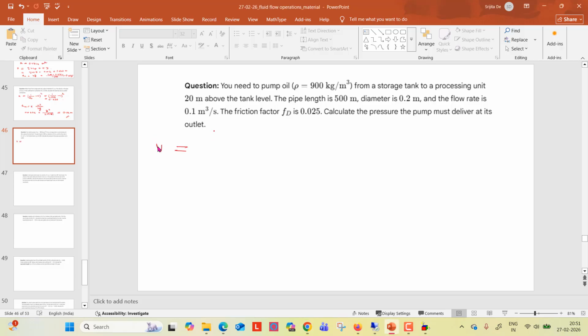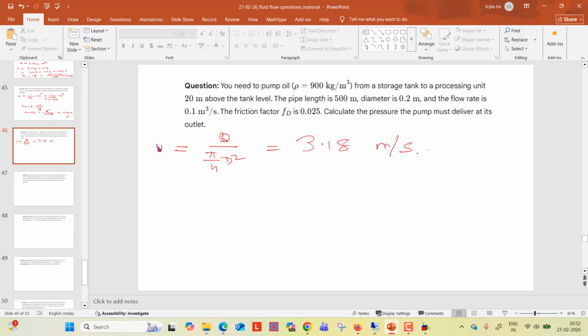So it is Q by A, where A is pi by 4 D square. Q is 0.1 by pi by 4 into D square, D is 0.2 whole square. It is 3.18 meter per second.